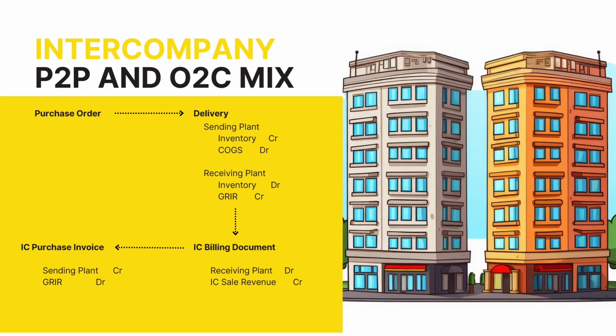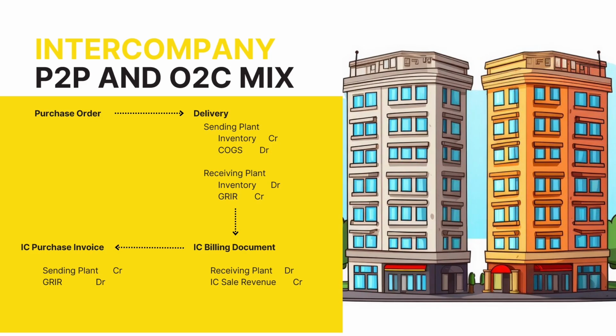So there is a link between the sending transactions and the receiving side transactions. Though these are happening in different company codes, there is quite clear integration between these two company codes, and obviously that is why we call it an intercompany transaction.